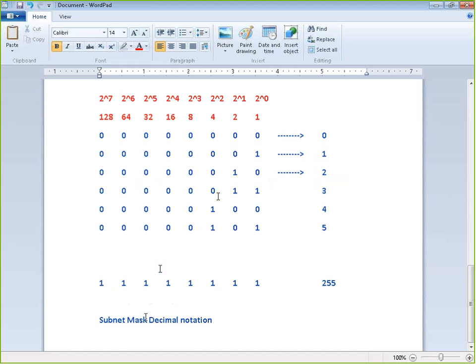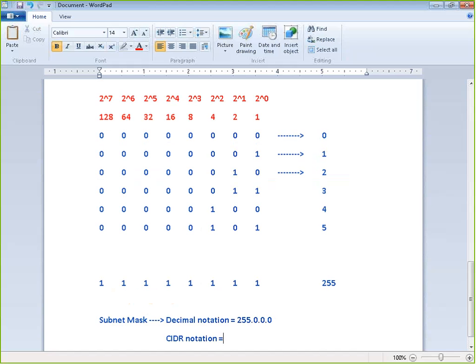Okay, when I talk about that, the decimal notation is going to be this way, 255.0.0.0. That's the decimal notation. But saying that, if I talk about CIDR notation, now I'll explain what the CIDR notation is.